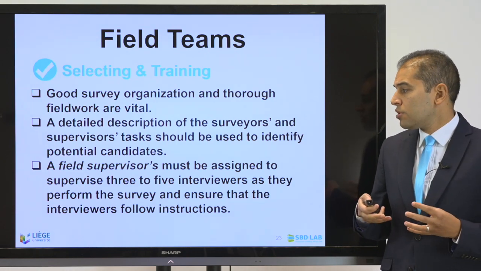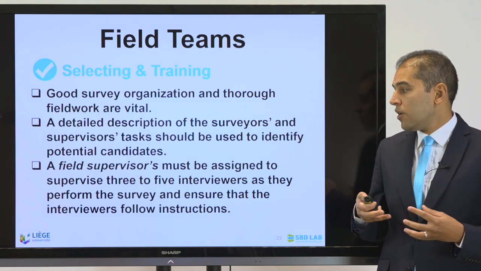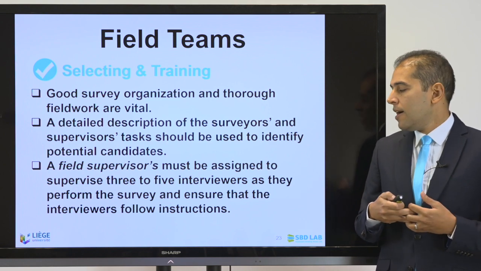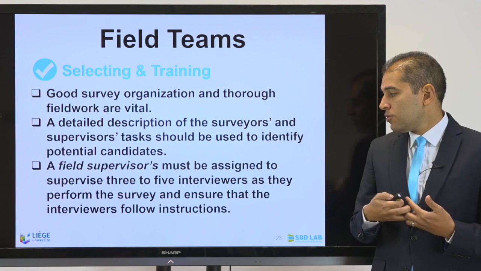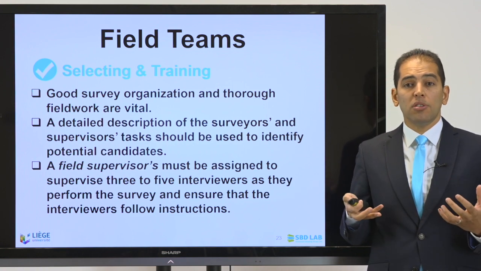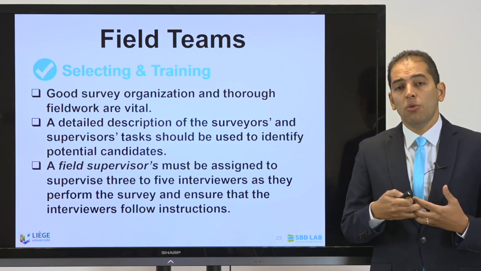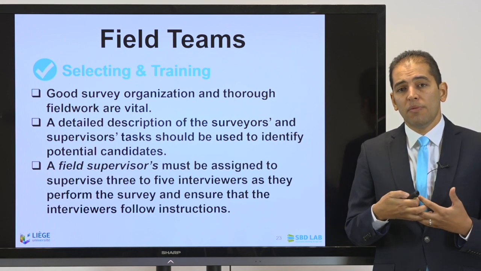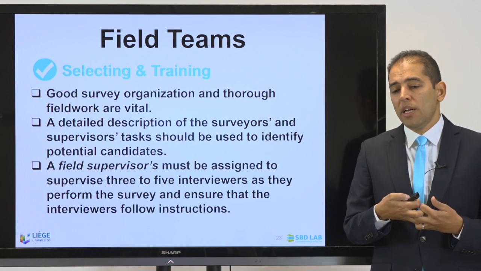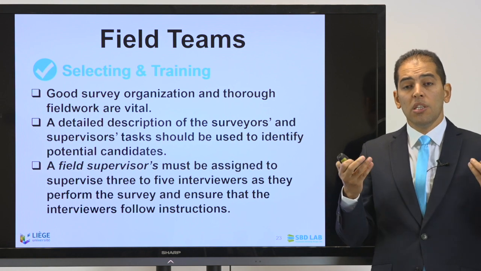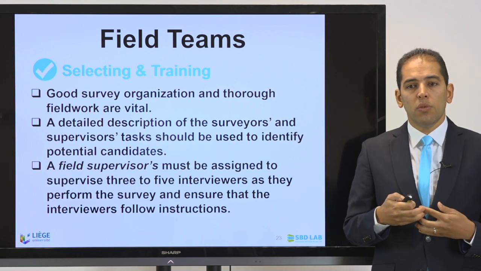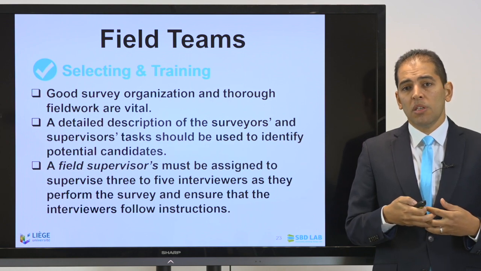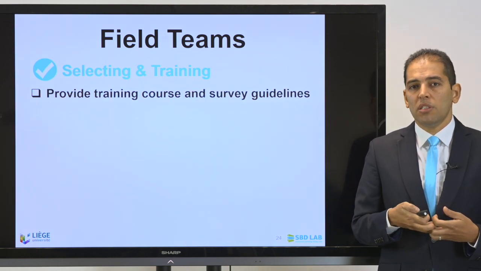A field supervisor must be assigned to supervise 3 to 5 interviewers as they perform the survey, and ensure that the interviewers follow the instructions, to bring consistency. Because if everything is centered on one person and you have several teams, more than 5 or 10 teams, it will be very difficult to assure consistency. Therefore you need a supervisor for every 3 to 4, or 5 maximum, teams in order to make sure you have a consistent approach.